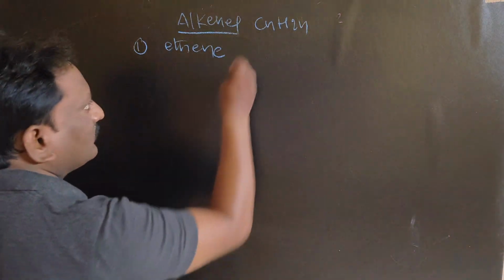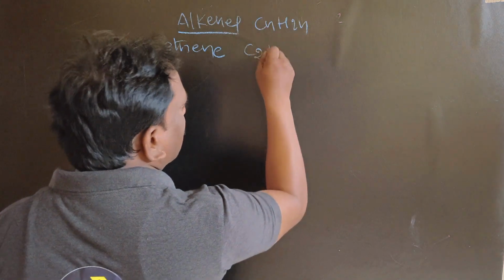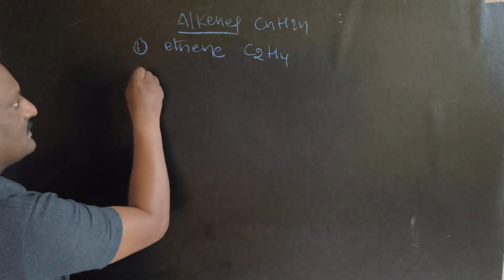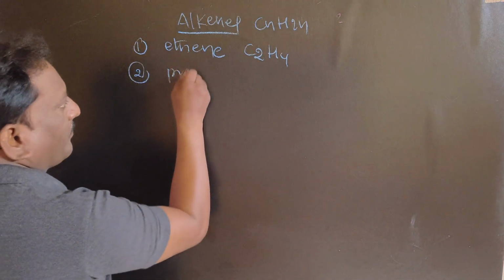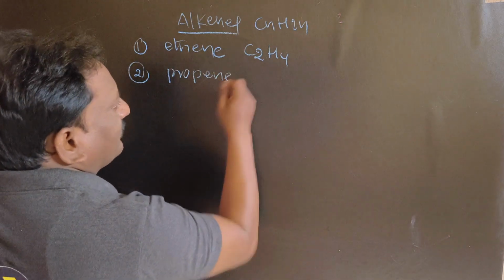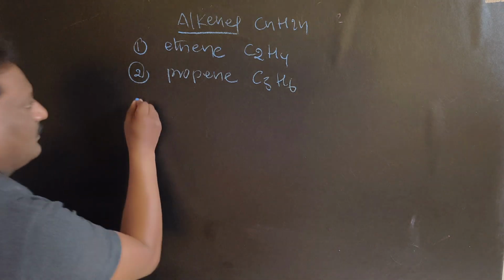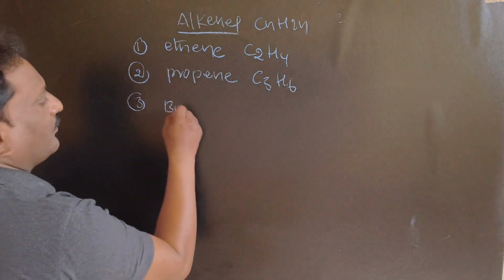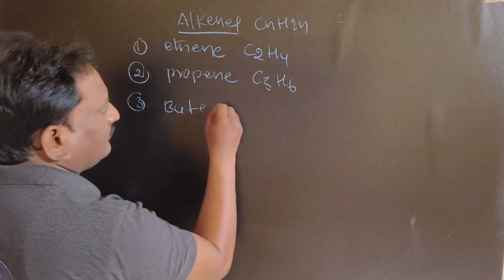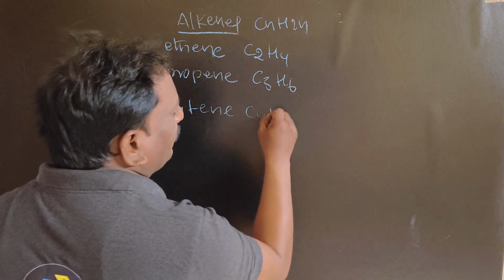Ethene, formula C2H4. Second member propene, formula C3H6. Third member butene, formula C4H8.